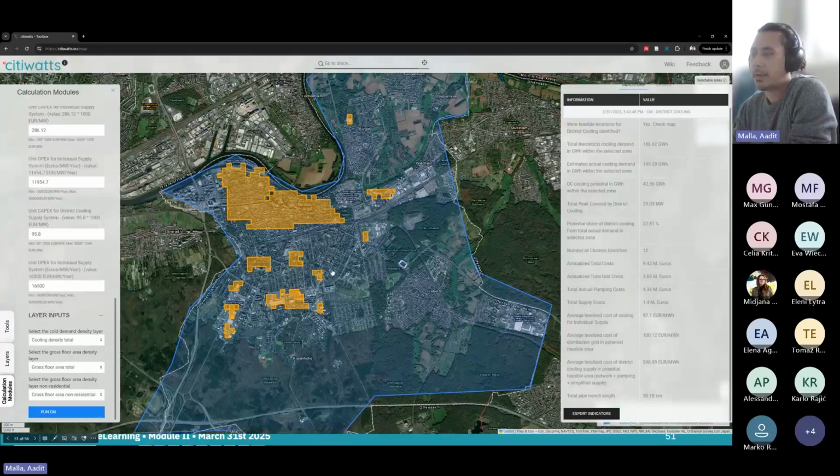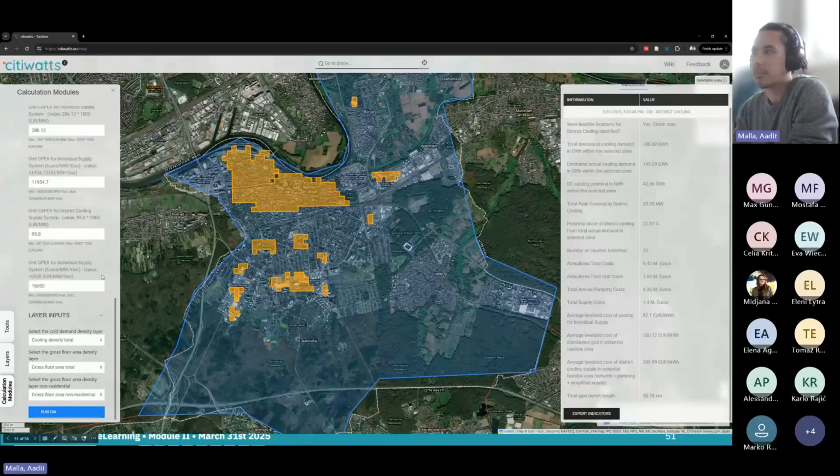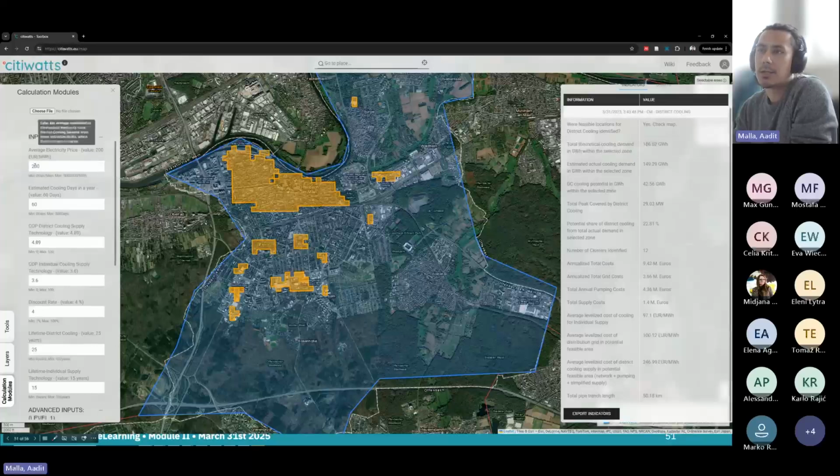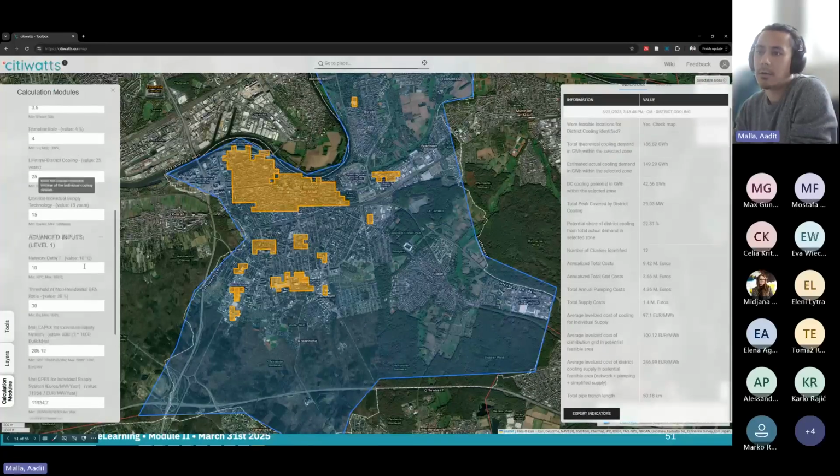I'm not sure what happened there, but maybe give it some time and it mostly works. So here what I did was change the electricity prices to a more realistic value. And also I changed the threshold on residential, which was by default 50, to 30. So now it also considers pixels where the ratio of non-residential to total gross floor area is 30 or more.